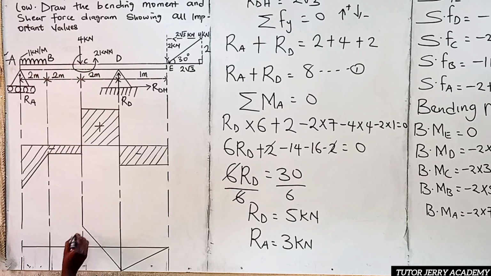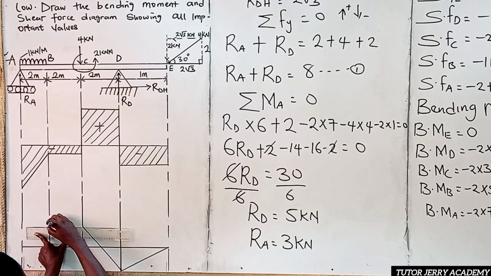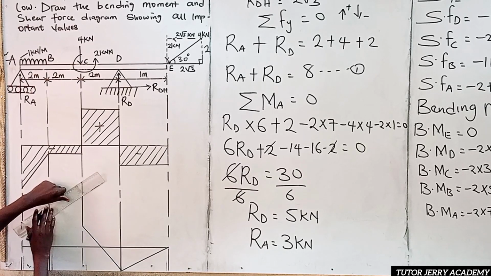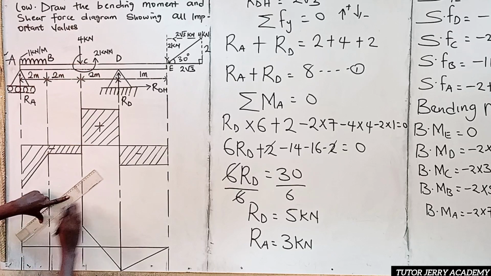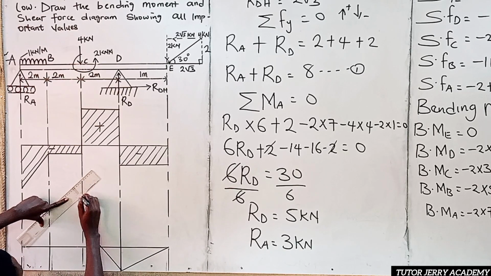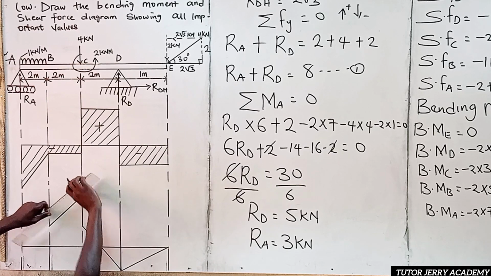And don't forget that this point here will be at the same distance with this. So this one too is 4, right? So we'll be using an inclined line. All right. So that's it.